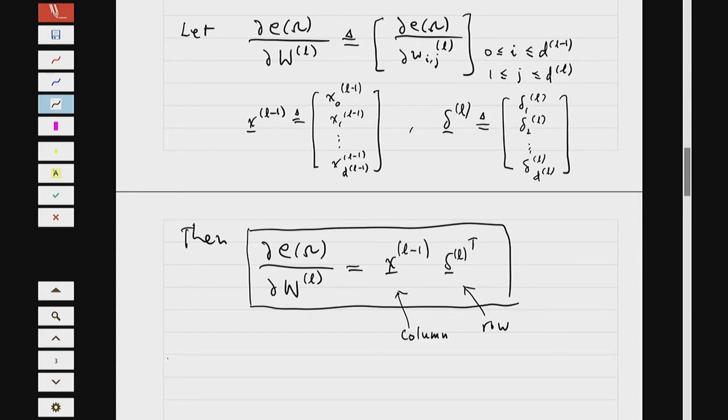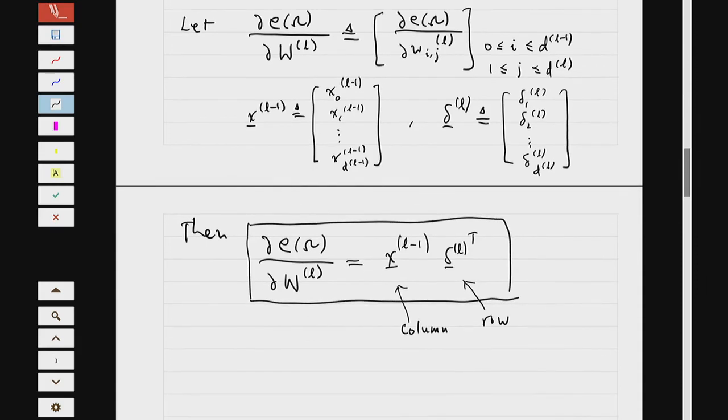So in order to calculate this gradient, which is what we want for all different L values, different layers, our ultimate goal, we know that we can write it as this output multiplying this delta, which is the sensitivity. This one we already have, because you just run a forward pass, forward propagation, and you already have all of these values, the S and the X's. This is the one that we don't have.